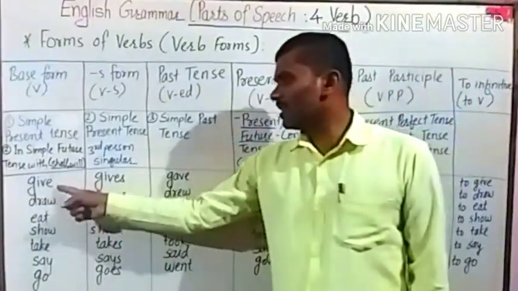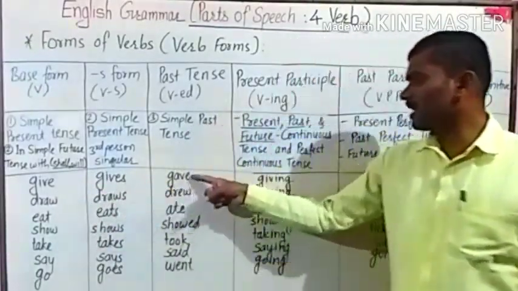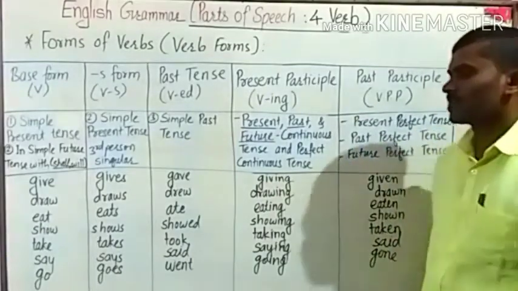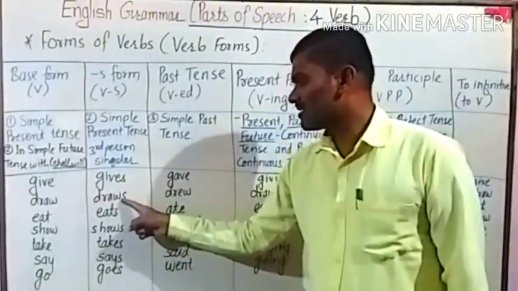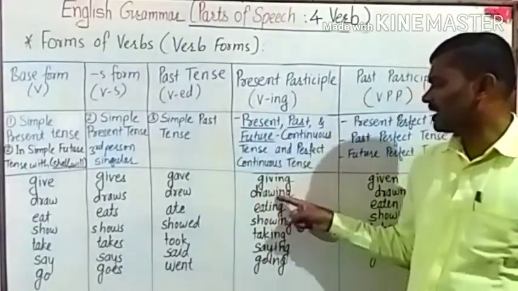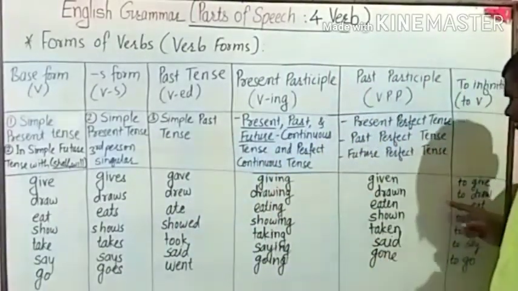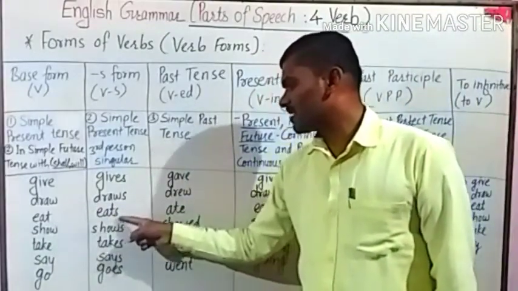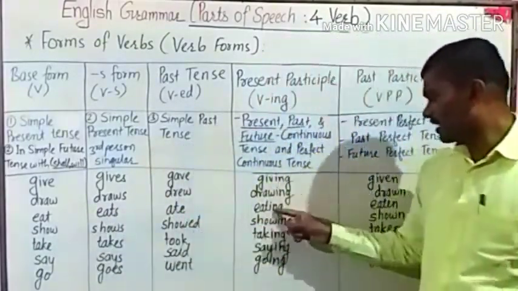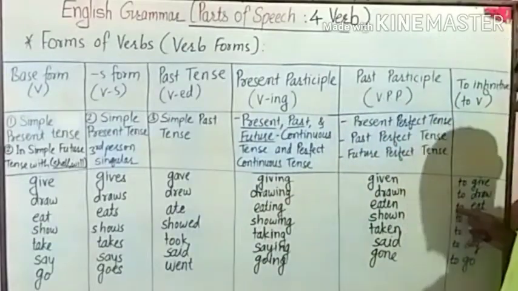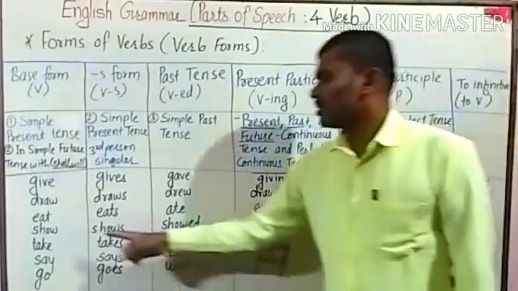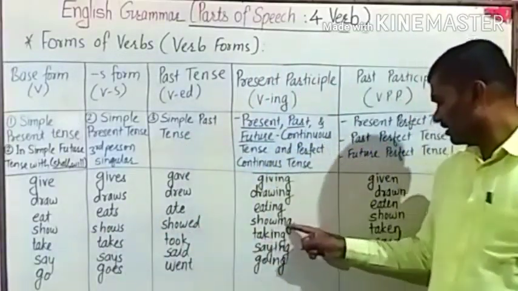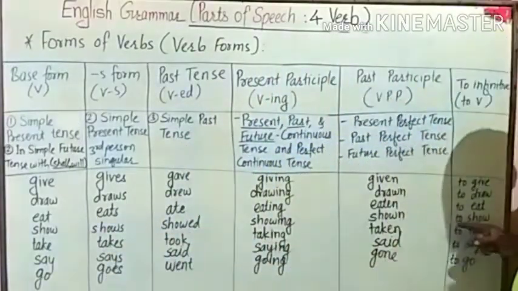Examples: give, gives, gave, giving, given, to give. Draw, draws, drew, drawing, drawn, to draw. Eat, eats, ate, eating, eaten, to eat. Show, shows, showed, showing, shown, to show.